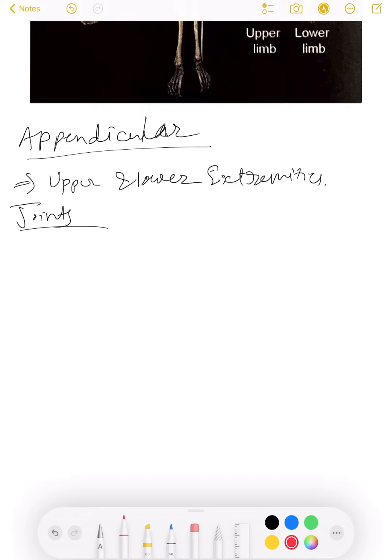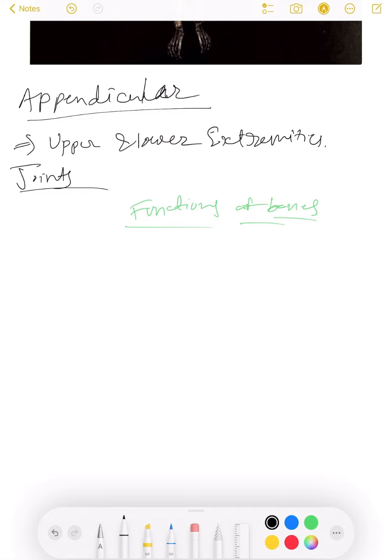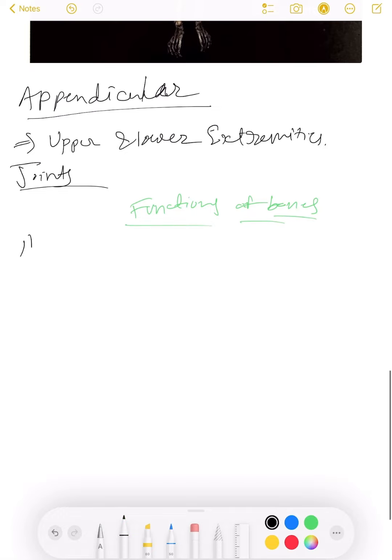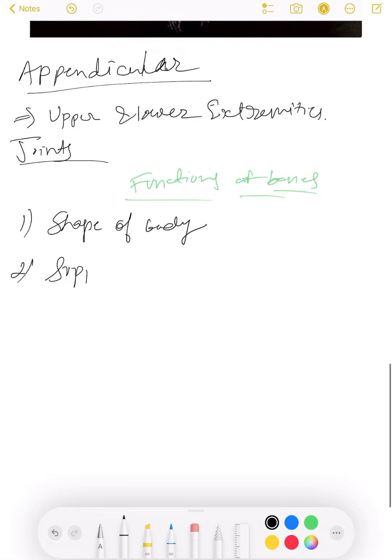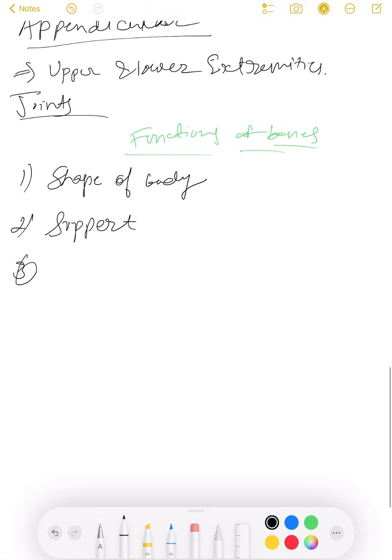Now we can describe one of the important topics, that is functions of bones. If we talk about functions of bone, then first is shape. It maintains the shape of the body. The second function is support to lower and upper limb. Third is tendon attachment.